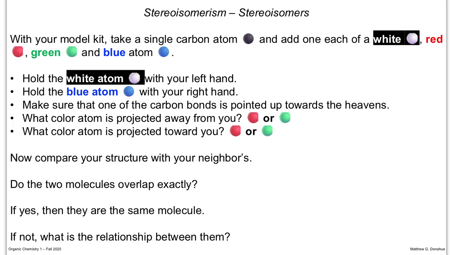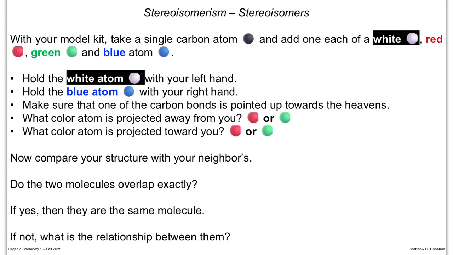Make sure that when the carbon bond is up, the red one is up. Now if I do it this way, now the green one is up. So once you use your model kits and orient them, you'll see that they're mirror images of one another.